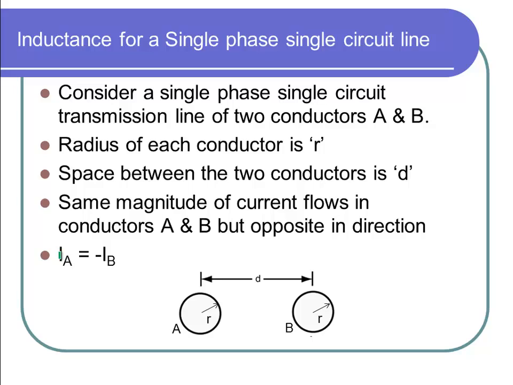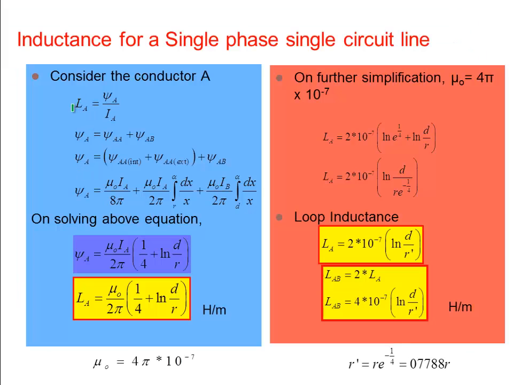So obviously we can say current in conductor A is IA, and current in conductor B is IB. Since both the magnitudes of currents are the same, we can say IA equal to minus IB or IB equal to minus IA. That means both the conductor magnitudes are same. Yes, we already know that LA equal to psi A by IA. That means this A represents, we are calculating the inductance for conductor A alone. Here this psi A we are going to calculate.